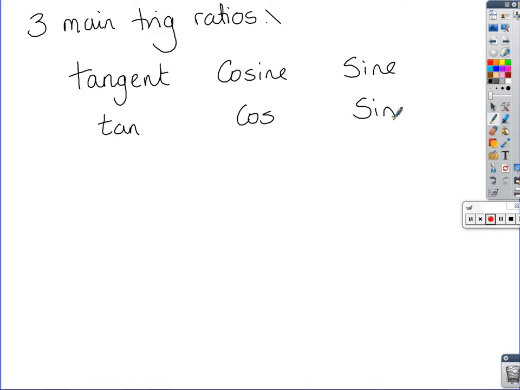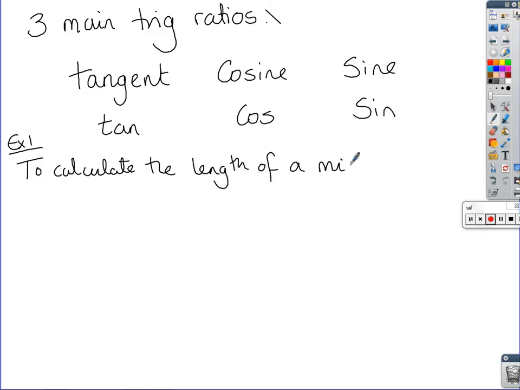So let's do some examples. Example 1: to calculate the length of a missing side. That's going to be our first example, so that is here.